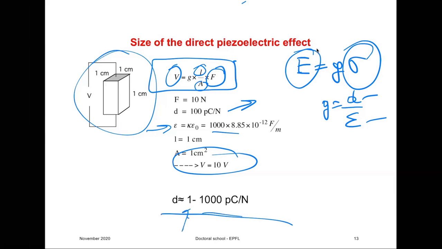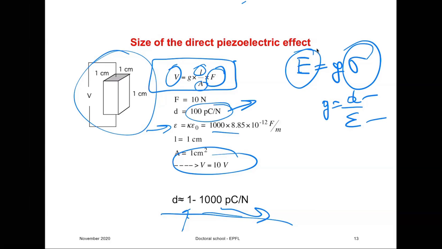Quartz would have 2 picocoulombs, PMN-PT would have 2000. So I'm talking here about orders of magnitude, and in the mid-range, about 100 picocoulombs per Newton would give you 10 volts.